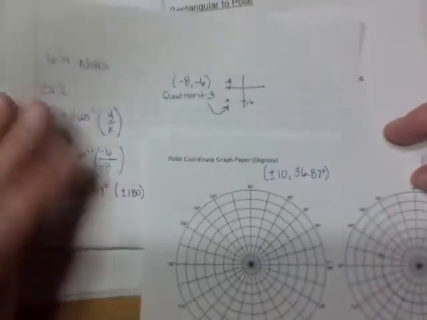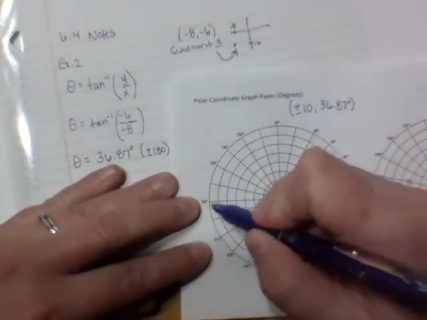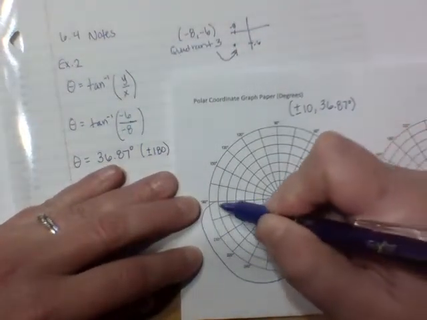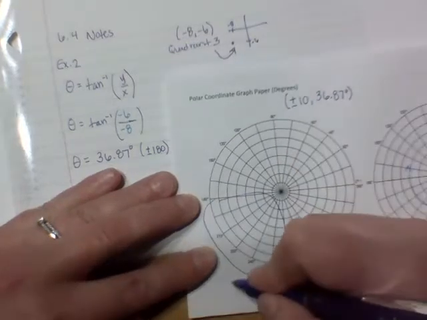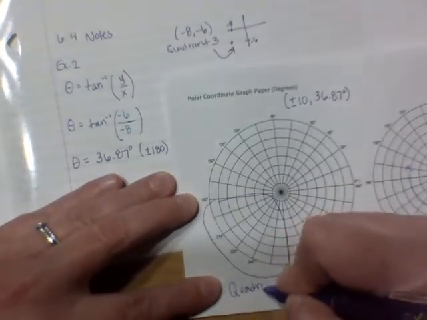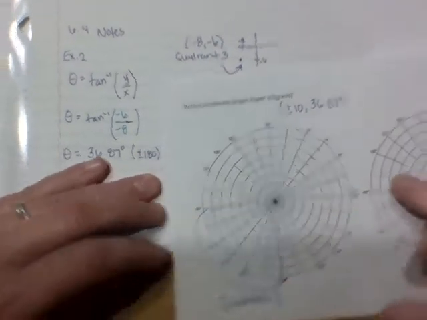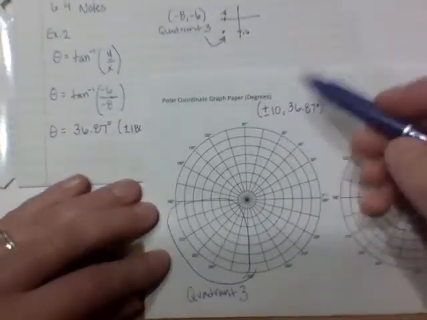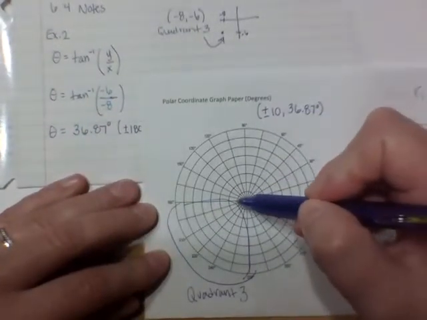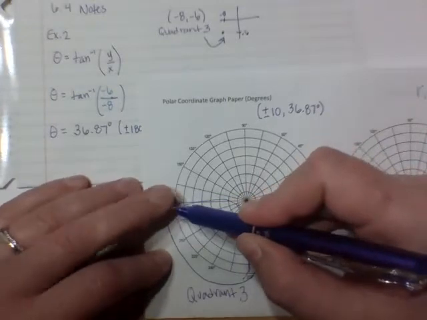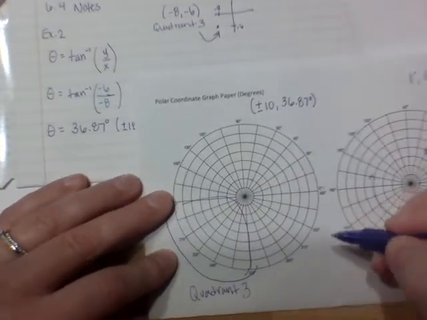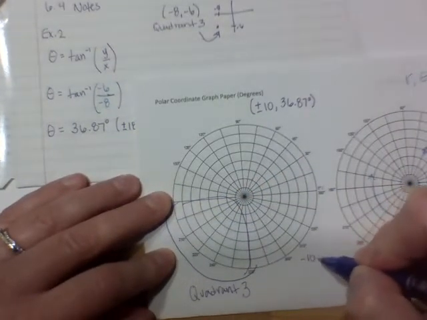And so if I want this to be in quadrant 3, let's say that I do a -10, because -10 is going to bring me over to this, okay? So one of my options could be -10.